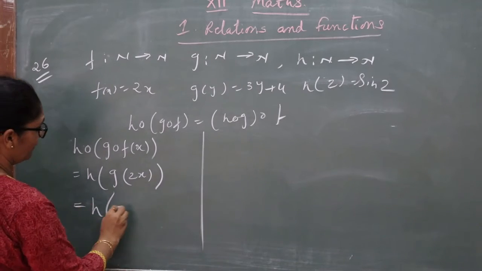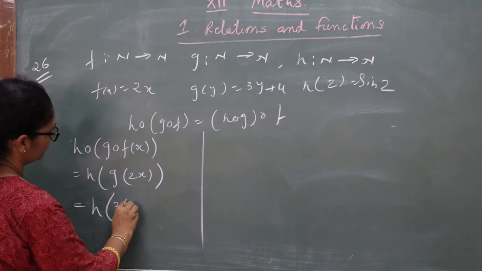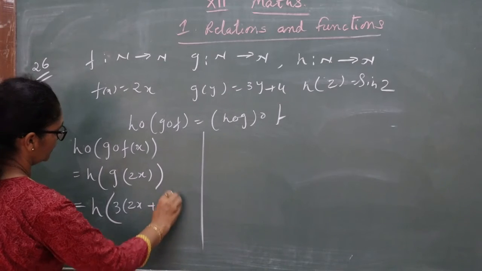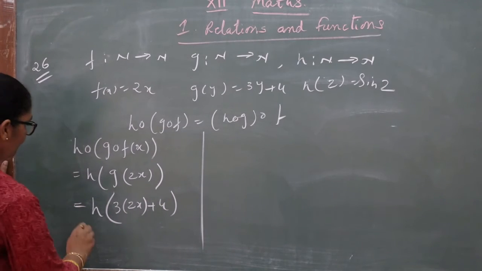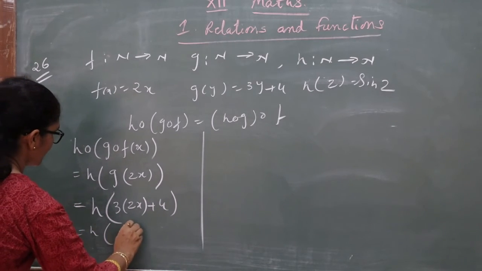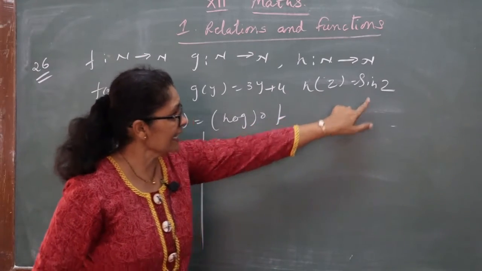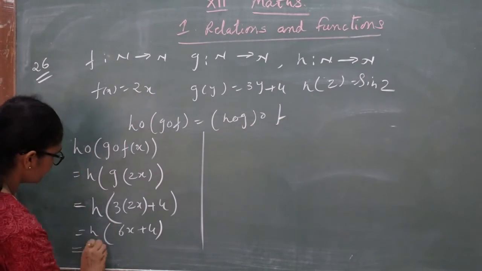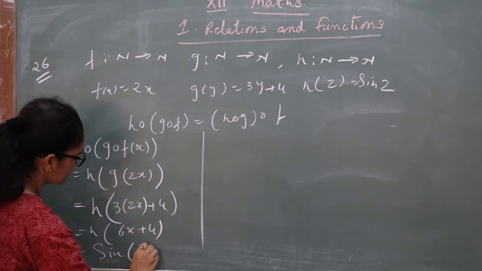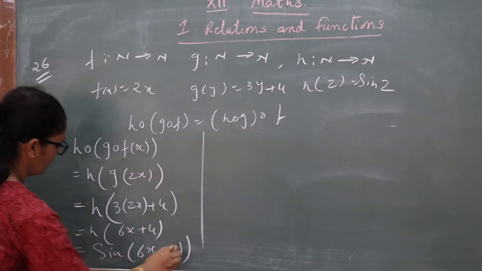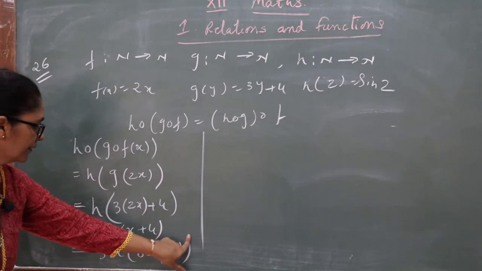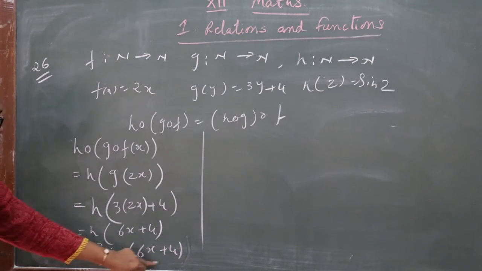On place of y we are writing 2x plus 4. The method is same. Now h of 6x plus 4. Now what is your h x? H z is sin z. So on place of z you have to write 6x plus 4. Now check what we get as a sin 6x plus 4.